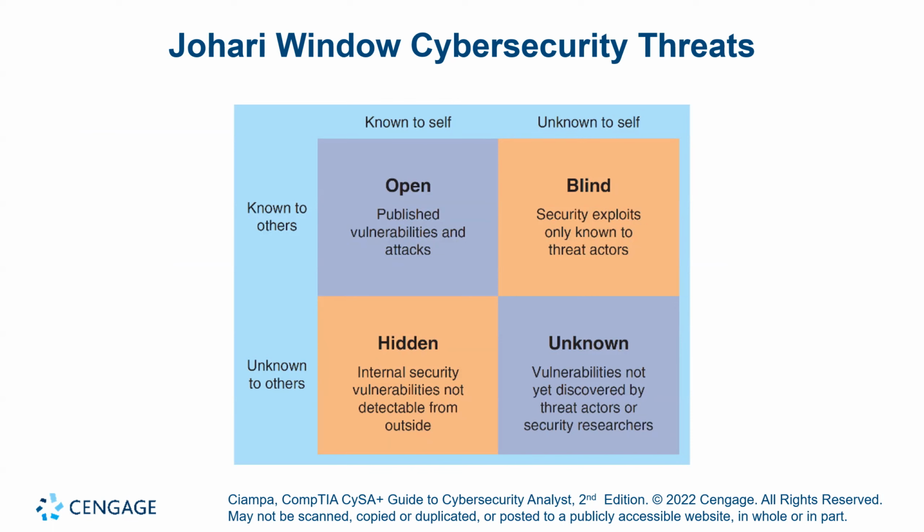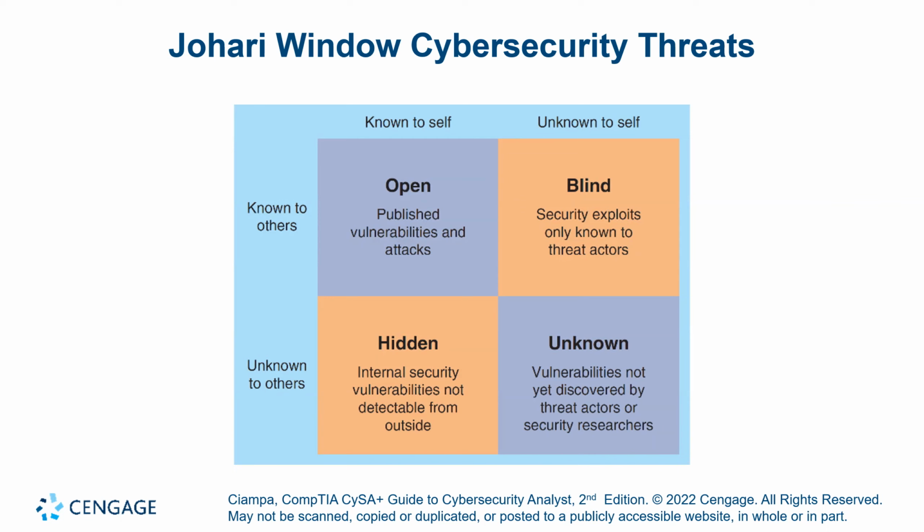So this is basically your little table of the known, unknown thing. Known to self, known to others, unknown to others, and you have your little 4-square thing. I'm sure all of you have seen this at some point in school. So known to self, known to others, that's open, published vulnerabilities and attacks. Unknown to self, known to others, blind, security exploits only known to threat actors.